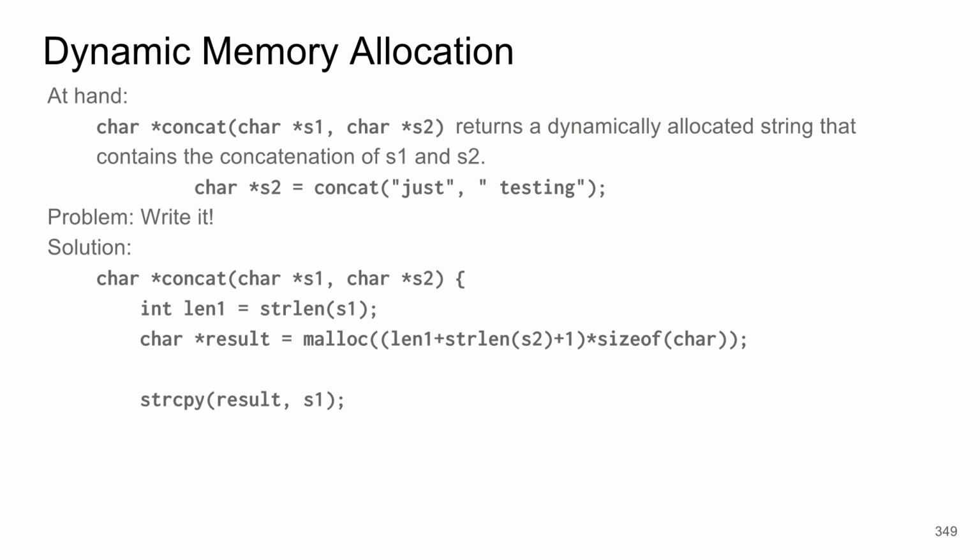Cool. So then I just use the strcpy library function. We just take whatever was in S1, we put it at the start of that resulting array right here. And then I just use strcpy again, and I say result plus length of S1 to skip over that first string, and then I copy it in from S2, and then I return result.